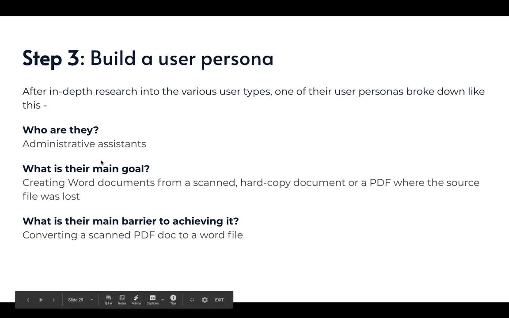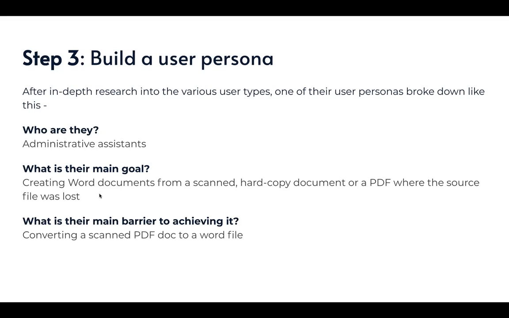First off, they were administrative assistants, and their main goal was to create Word documents from a scanned hard copy document or PDF where the source file did not exist. The main inconvenience they faced was converting a scanned PDF to a Word file, which they found very difficult. So this is what Small PDF did to make it more convenient for those users.